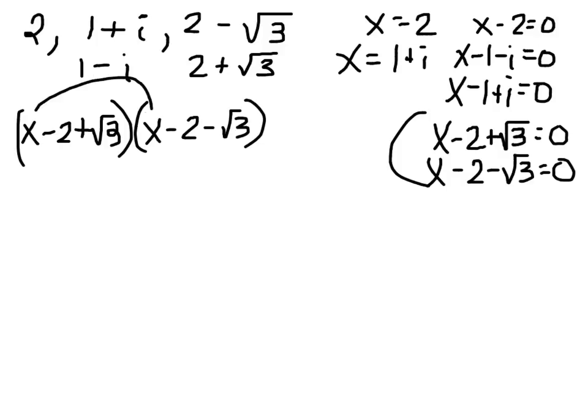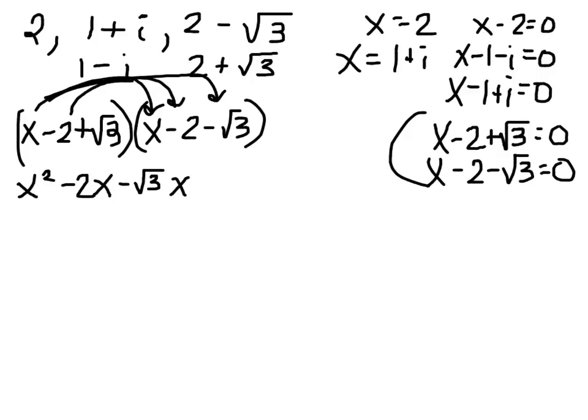What's x times x? What's x times negative 2? What's x times negative root 3? Negative root 3x. What's negative 2 times x? Negative 2 times negative 2. Negative 2 times negative root 3: 2 root 3.